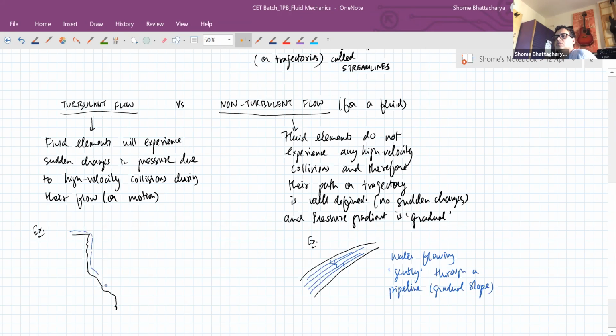So if you notice here, there is collision, and as a result of the collisions, water flowing rapidly down a steep waterfall, there is turbulence due to high velocity collisions.